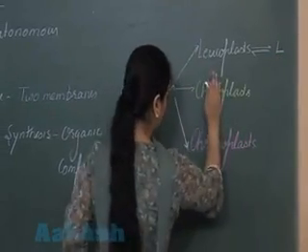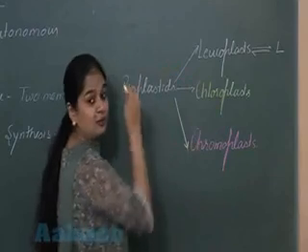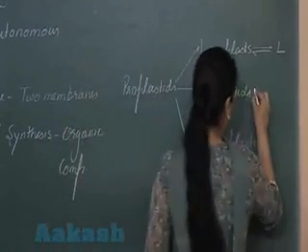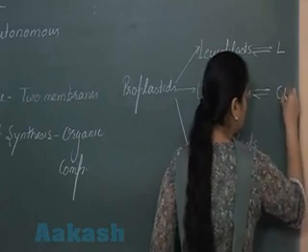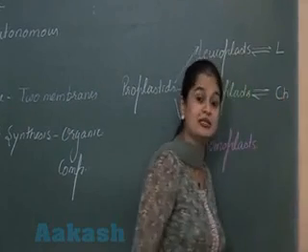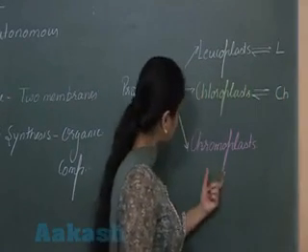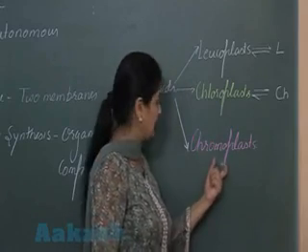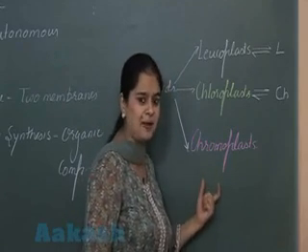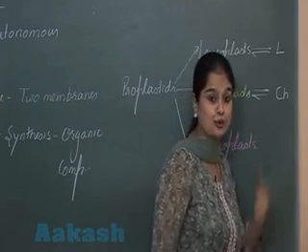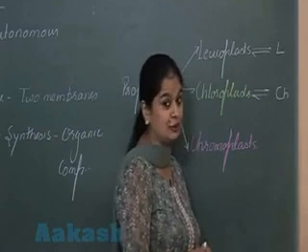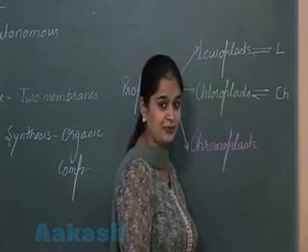Similarly, the chloroplast can be formed from the proplastids as well as from the chloroplast. For the chloroplast, I am writing CH, and this capacity in the chromoplast is absent. The chromoplast cannot form more chromoplast.